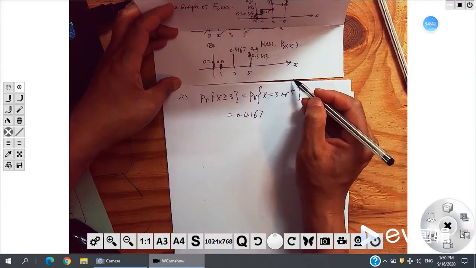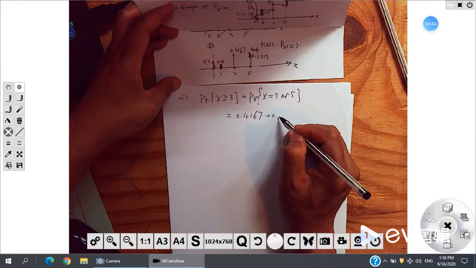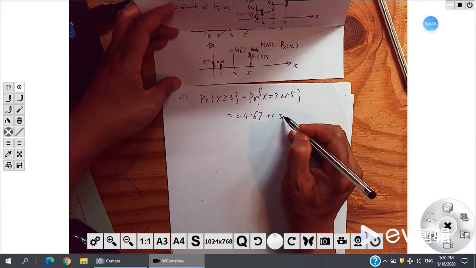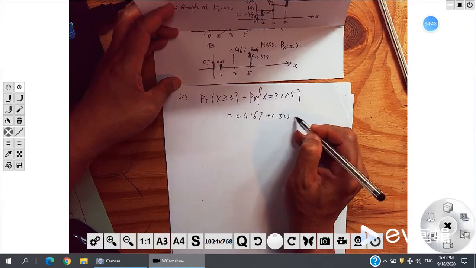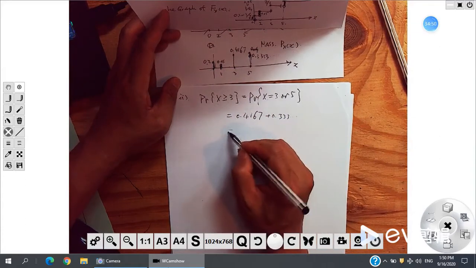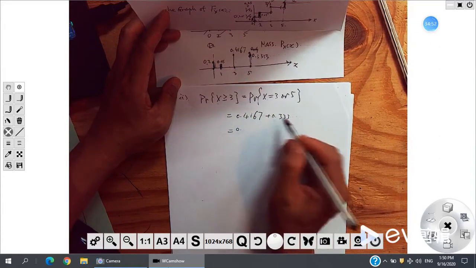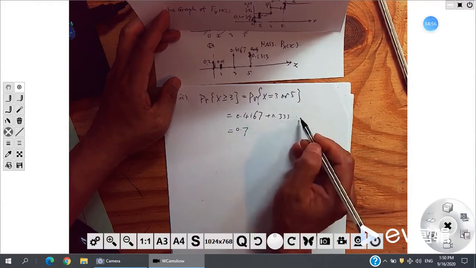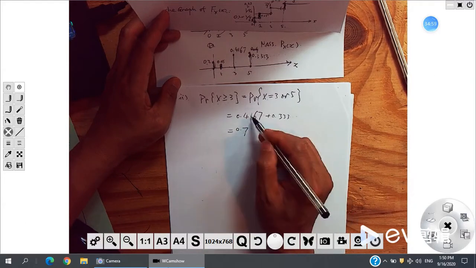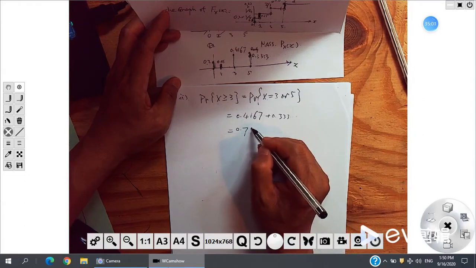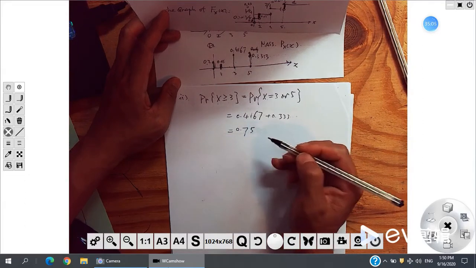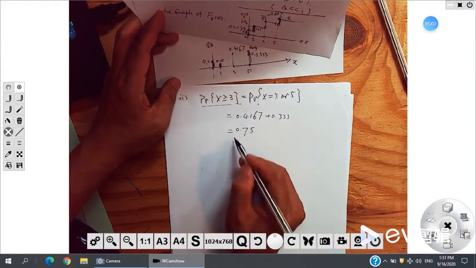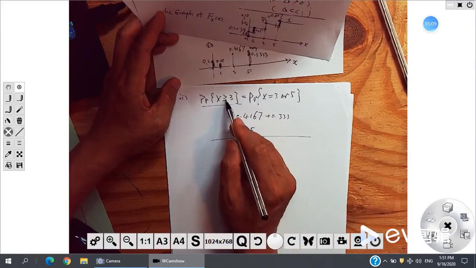And if it is 5, that will be 0.333. We do a summation, and the probability of capital X larger than 3 is this one.